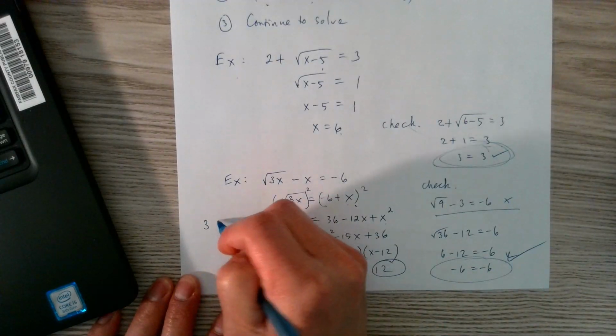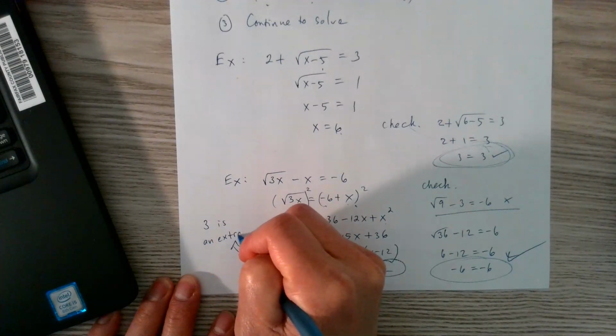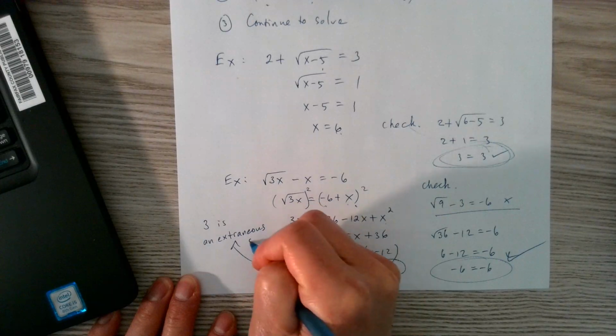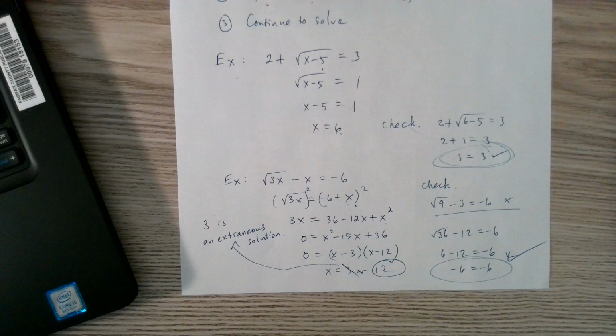So 3 is an extraneous solution, which means that it comes out as a solution somewhere in the process, but then when you check in the original equation, it isn't. So it's faking you out, trying to convince you that it is a solution, but it isn't. That's an extraneous solution.